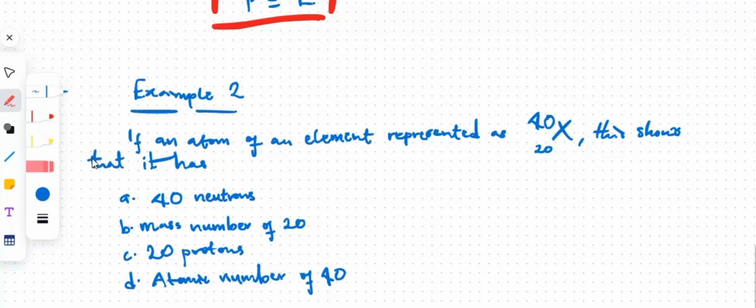Mass number of 20? No, this 20 is the atomic number, which is your number of protons. 20 protons, yes. So this is our answer. Atomic number of 40? No. Atomic number is the number of protons, which is 20.